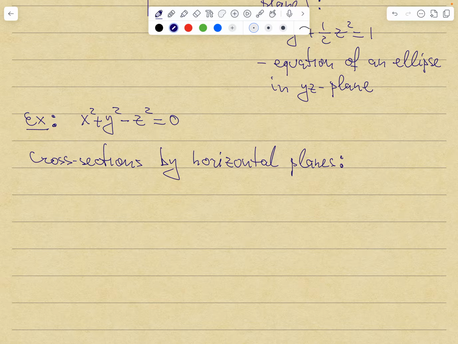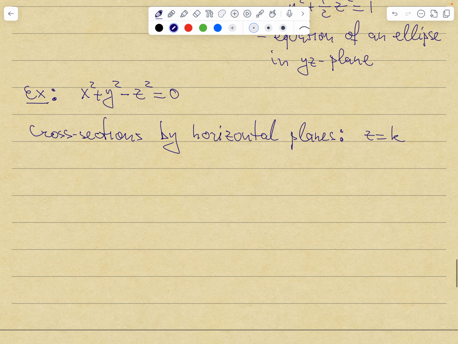This will require me to set z equal to k, and if I plug that into my equation, I'm going to get x squared plus y squared. If I move z squared to the other side, x squared plus y squared is equal to z squared, on the plane z equal to k. Z is equal to k, so I get k squared.